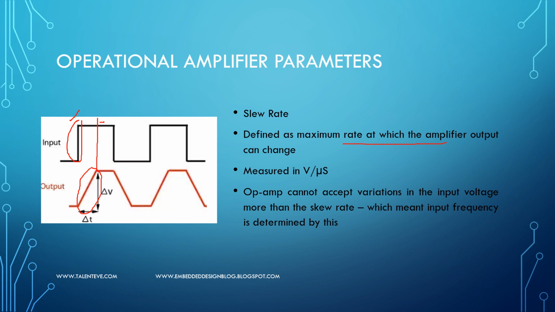That means the input signal cannot go down below this value, which means the frequency of the input is determined by the slew rate. So the input variation of the op amp is restricted by the slew rate, and it is one of the important parameters which we need to look into in the data sheet of the operational amplifier.